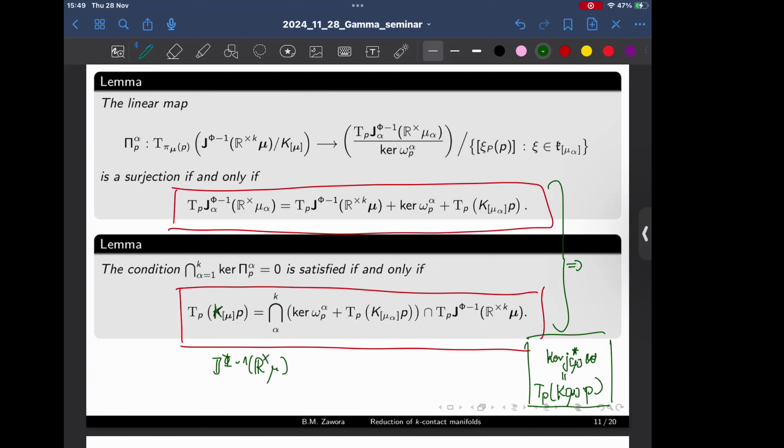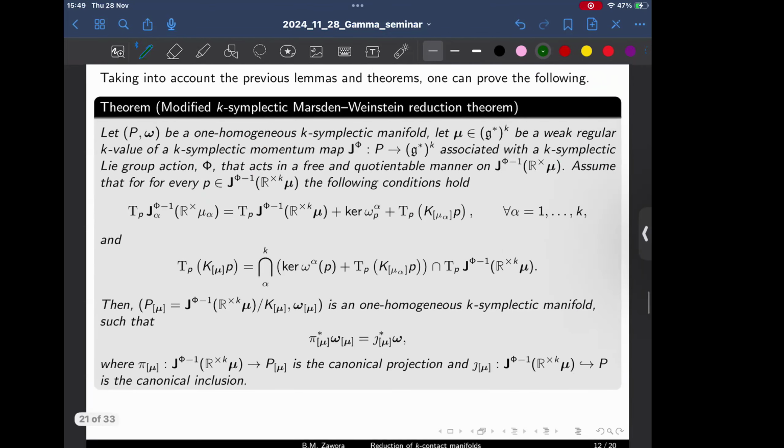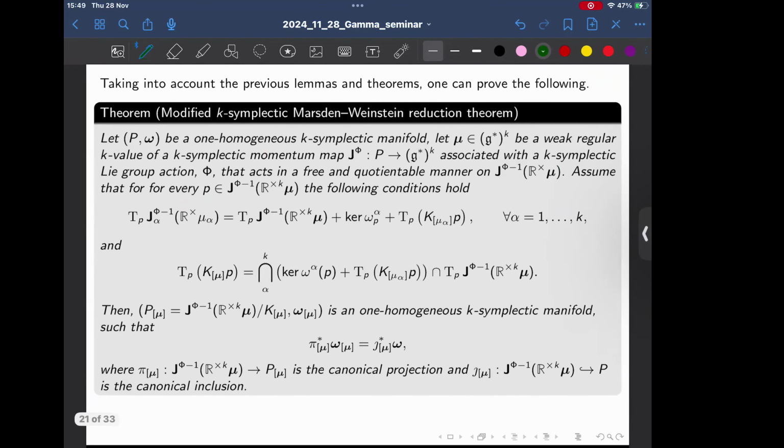So if we have this equality, we can state the modified k-symplectic Marsden-Weinstein reduction theorem, which has this form.